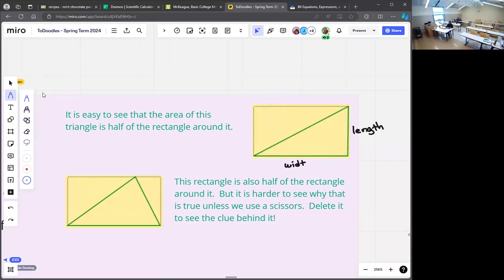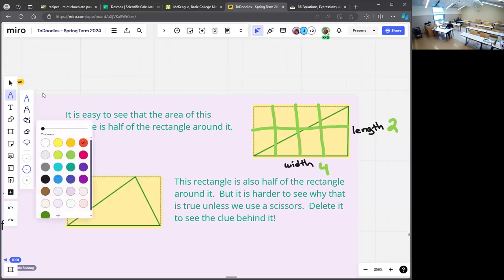I could draw the picture. There's the 4. And there's the 2. And then if we count the pieces, there's 8 of them.